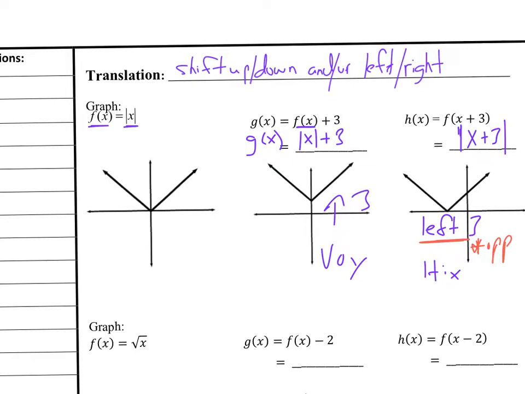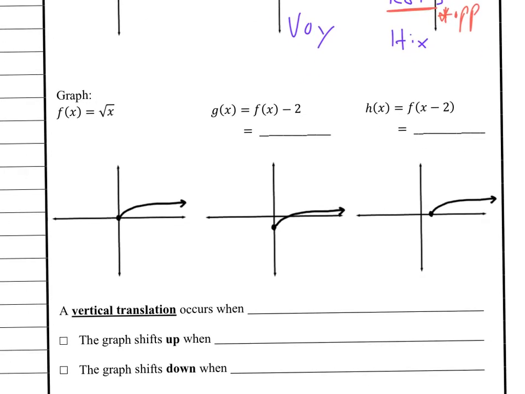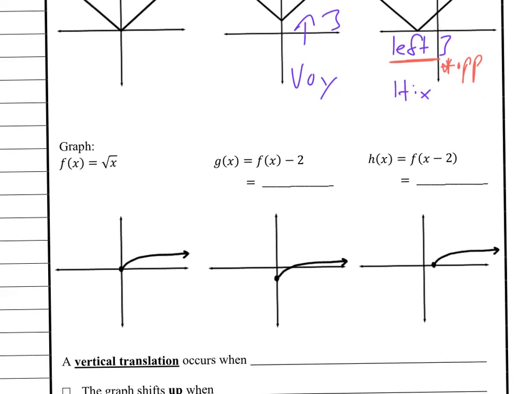Now let's try another equation here, the square root. So here's your square root equation. It is one of those equations, again, that you need to understand. All right? It has a starting point. It's unique, just like the absolute value up here has a v for value. Square root equations always have a starting point that's unique. So the first thing we're going to do is subtract 2. Okay? This minus 2 is outside of parentheses, so it's going to be outside.